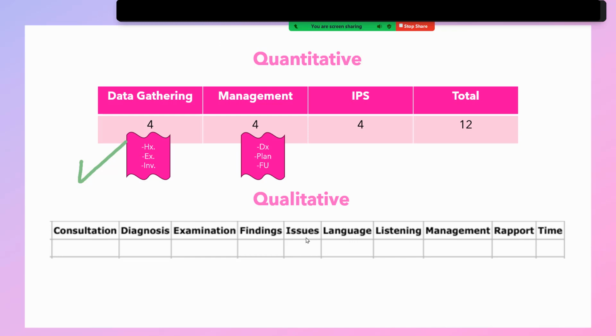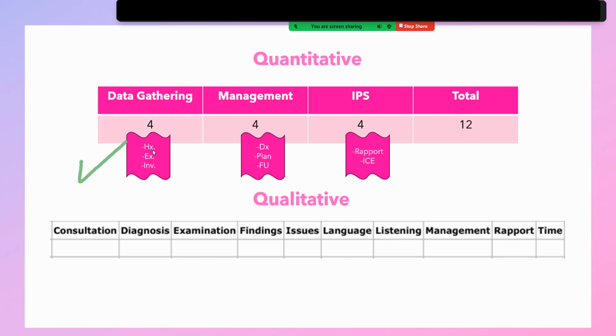This is in terms of management. In terms of interpersonal skills, you will be marked on what? On building a very nice rapport with your patients or your colleague, and on asking ideas, concerns, and expectations. If you manage to do all of these in the cases, you will get 12. Okay? This is in terms of the quantitative mark domains.